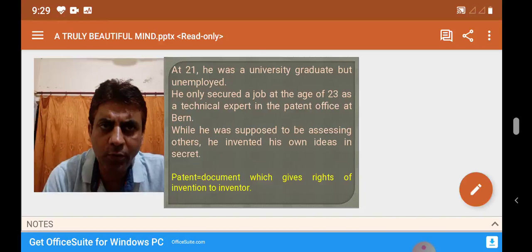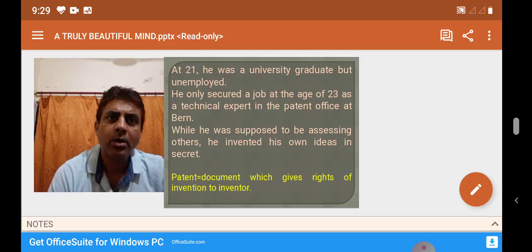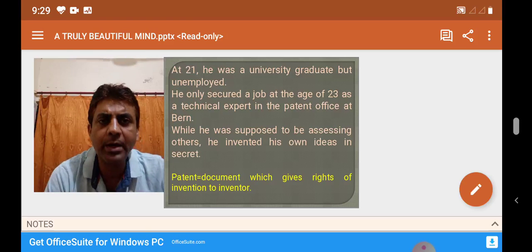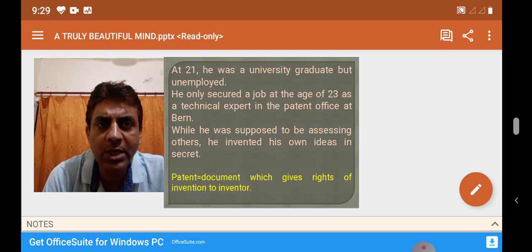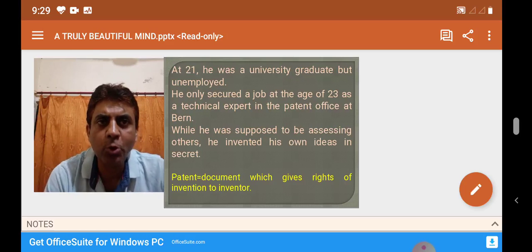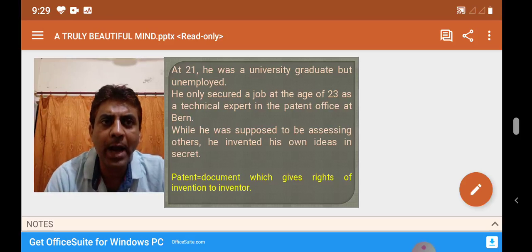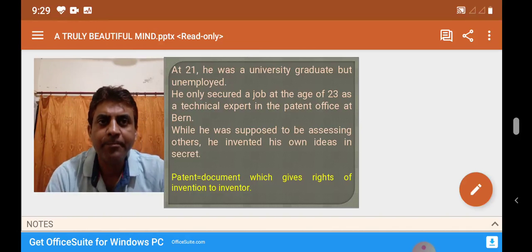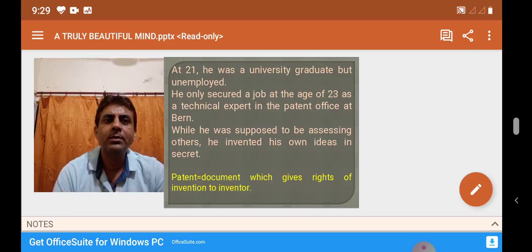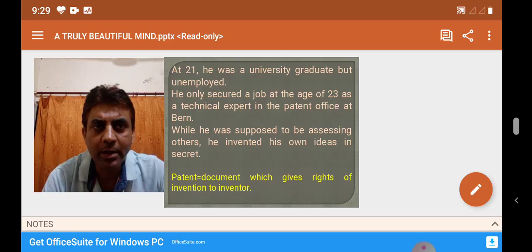At the age of 21, no doubt he was university graduate, but he was unemployed. He was without any job. He was able to secure a job at the age of 23 as a technical expert in the patent office in Bern.